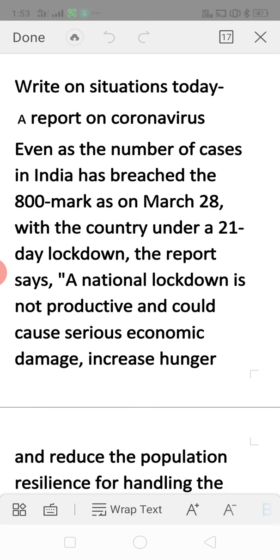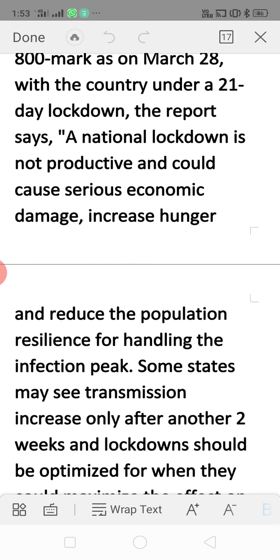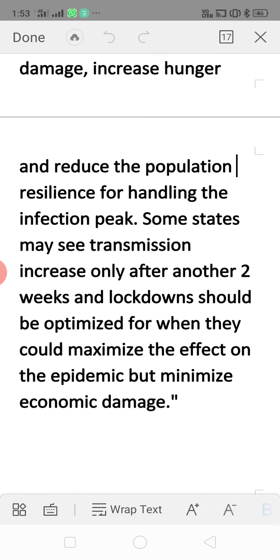Even as the number of cases in India has breached the 800 mark as on 28 March, with the country under a 21-day lockdown, the report says a national lockdown is not productive and could cause serious economic damage, increase hunger, and reduce the population resilience for handling the infection peak. Some states may see transmission increase only after another 2 weeks, and lockdowns should be optimized for when they could maximize the effect on the epidemic but minimize economic damages.